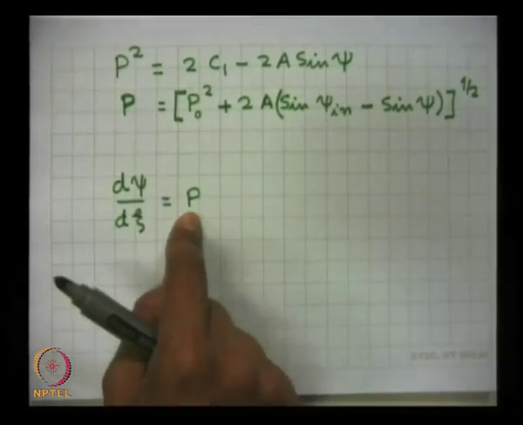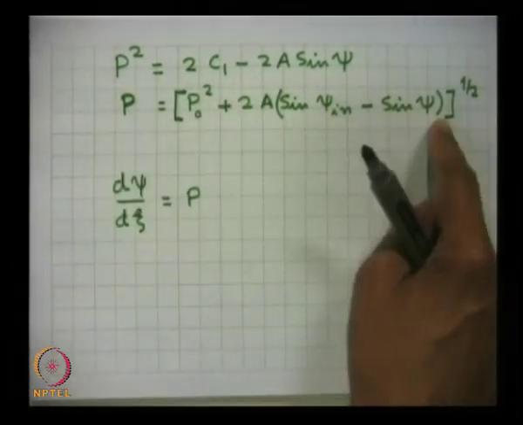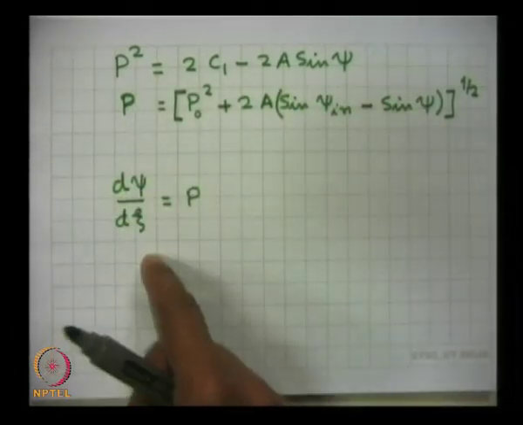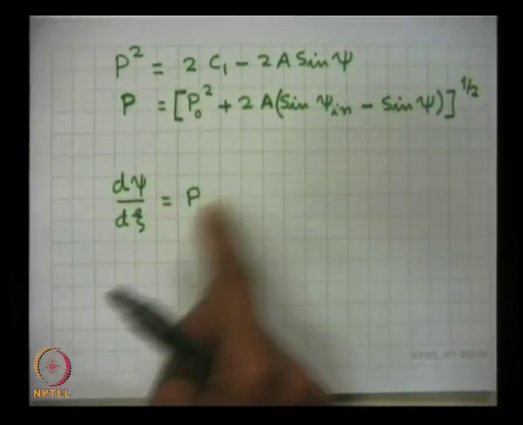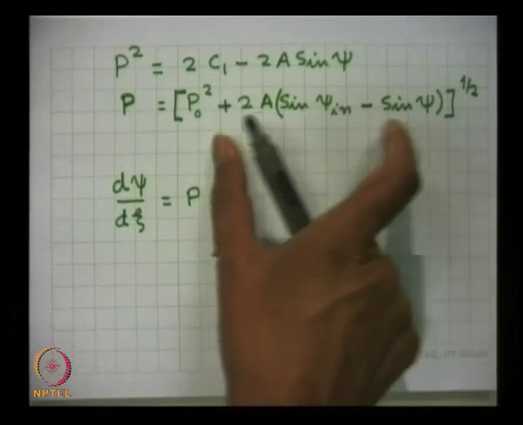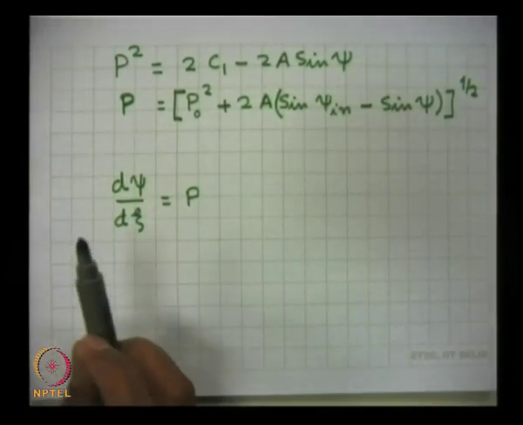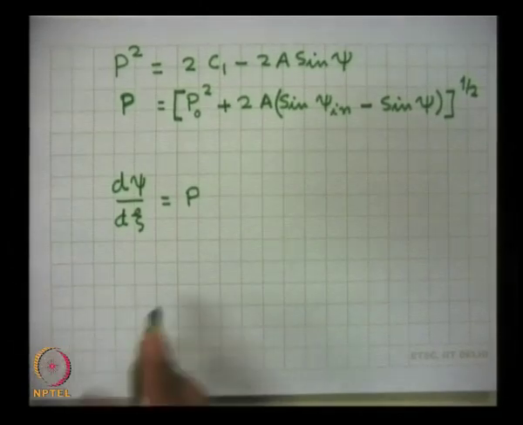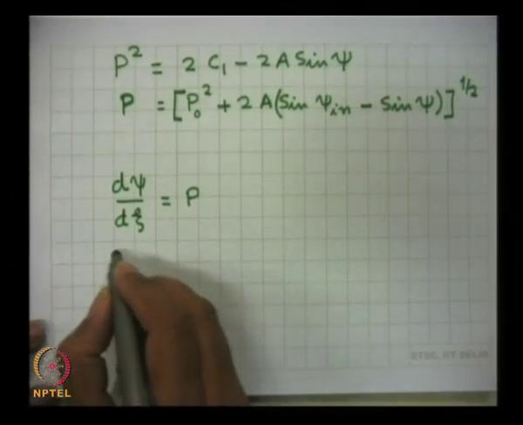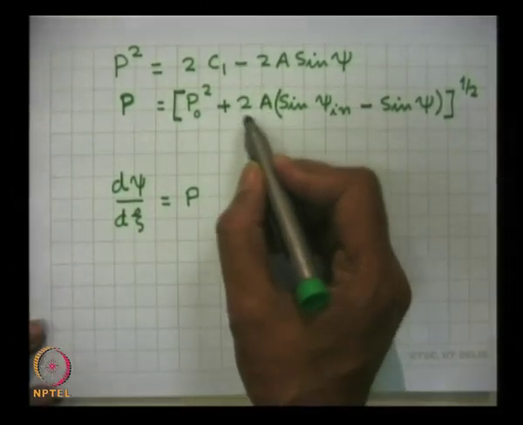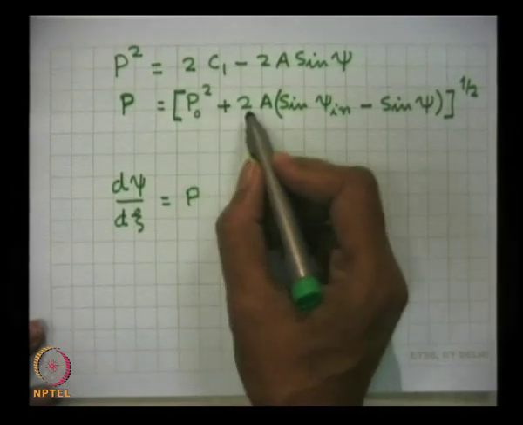P is a function of psi according to this, and I should put it in here and integrate it. But because of sin psi coming in such a complicated fashion, the integration is not possible. So, what people do is solve this equation iteratively to different powers of A, treating P0 square as much bigger than 2A.